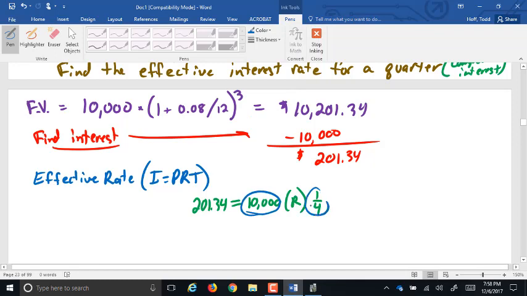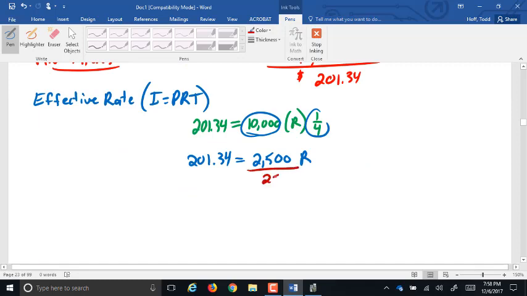Now we combine: 10,000 times 1/4 is 2,500. And then divide by the 2,500.